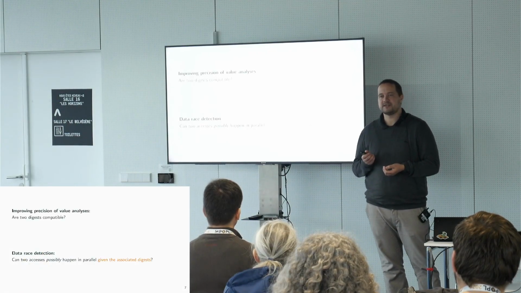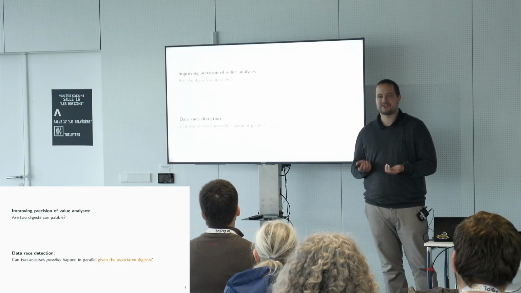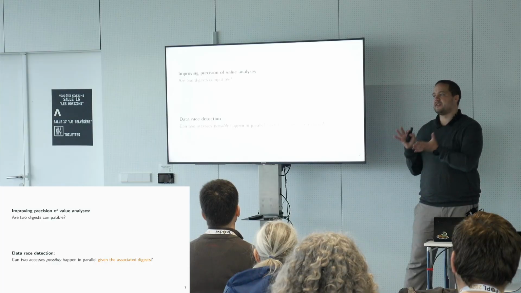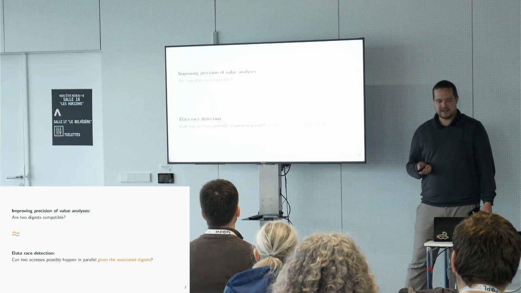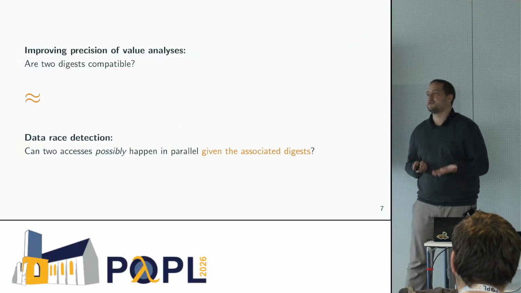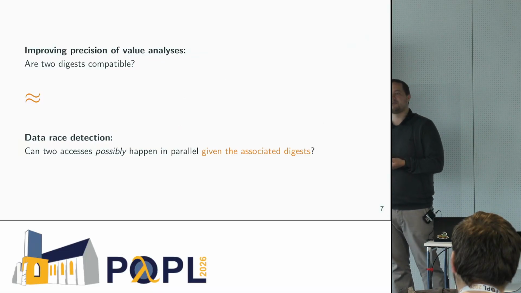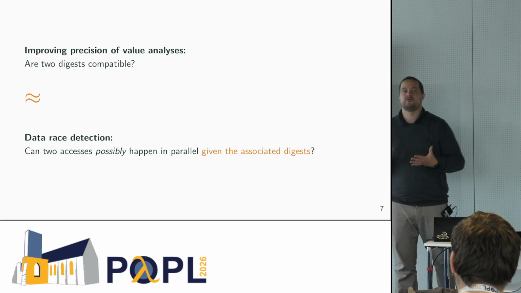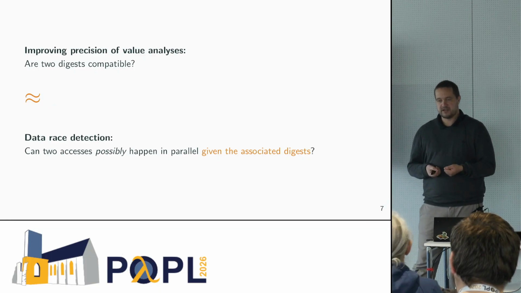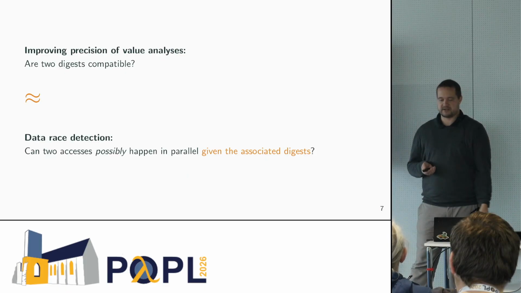And if I squint a little, then I can turn this into the question of, can two accesses possibly happen in parallel given their associated digests? And then I see that actually there is some type of connection here. So in both cases, I'm asking questions about these digests. And this was the starting point for this work that I'm presenting here, where we basically wanted to reuse all of this machinery that we have for improving value analysis to answer questions about whether there may be races.